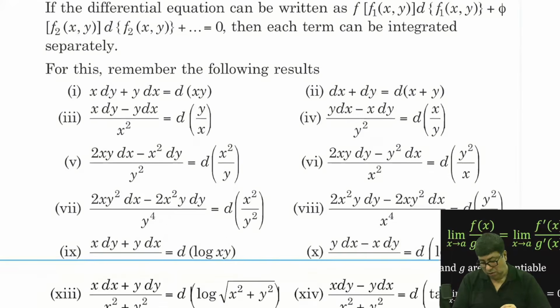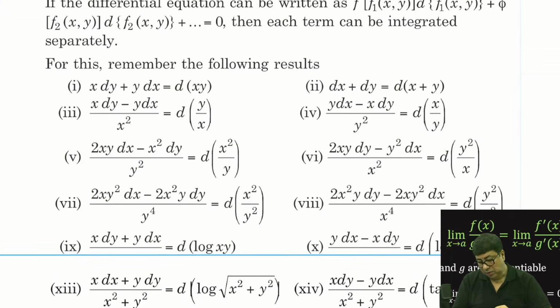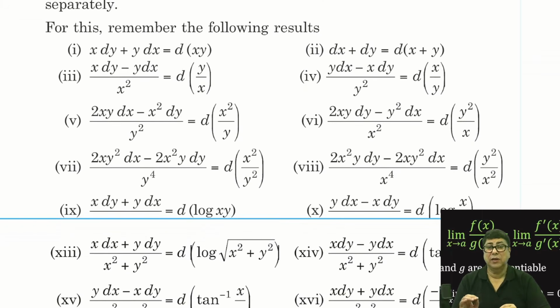General solution, and most importantly, this inspection method. These are nowadays regularly coming, and any sum which you are solving by normal method, generally in 99% cases, anyone can solve by this inspection method, and you have to learn it. x dy plus y dx equal to d(xy), y dx minus x dy. So everybody, whatever I am telling you, must learn all this.